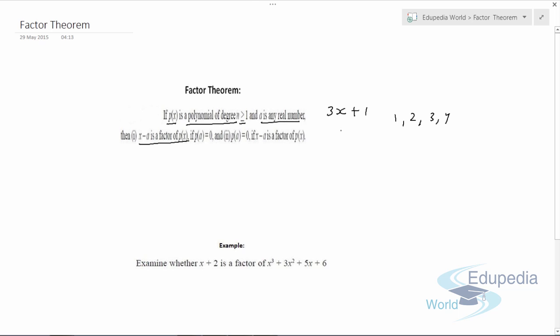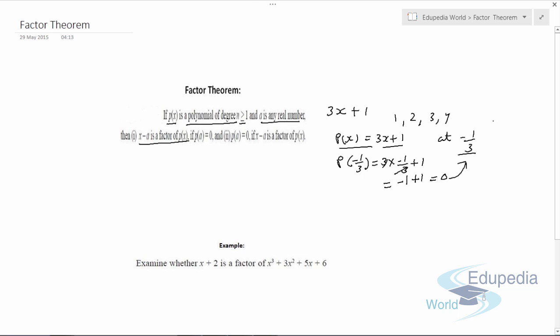Suppose we have this polynomial p(x) equals 3x plus 1, and we find its value at minus 1 by 3. So p(-1/3) will be equal to 3 into minus 1 by 3 plus 1. The 3s cancel, giving minus 1 plus 1, which equals 0. So p(-1/3) is a 0 of the polynomial.